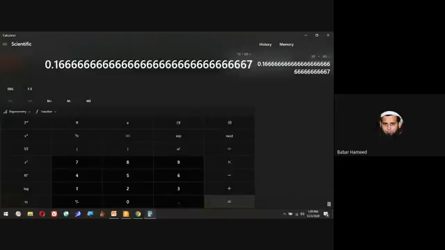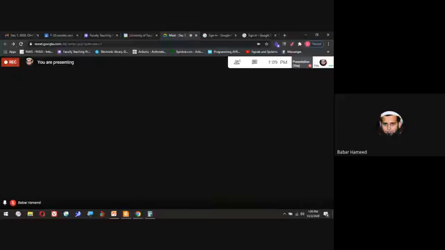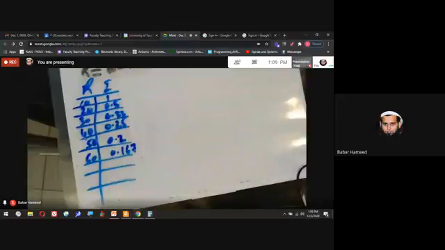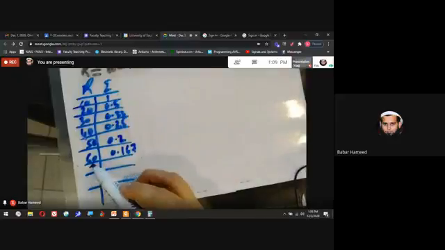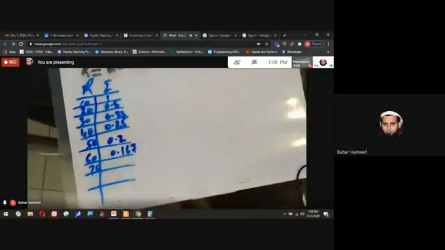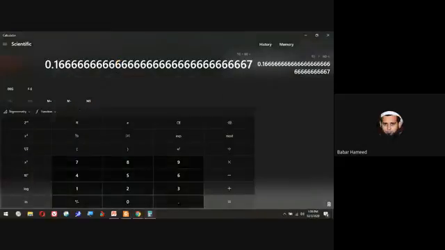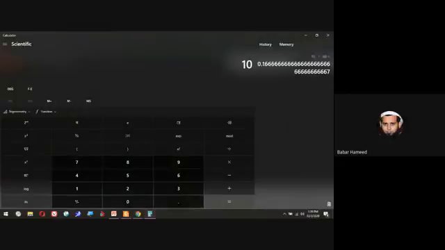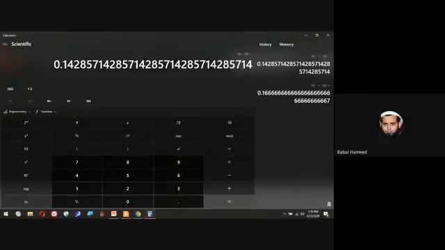And again, if R becomes 70, then what will happen? 10 divided by 70, it will be 0.142, right?